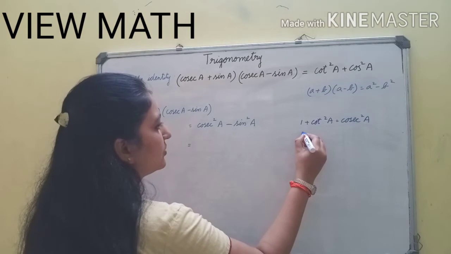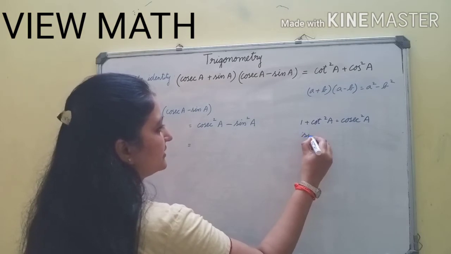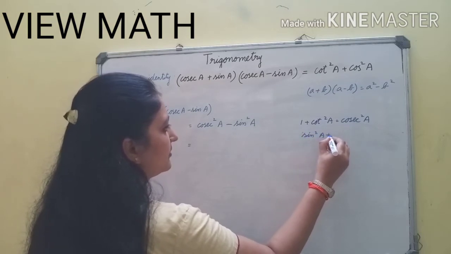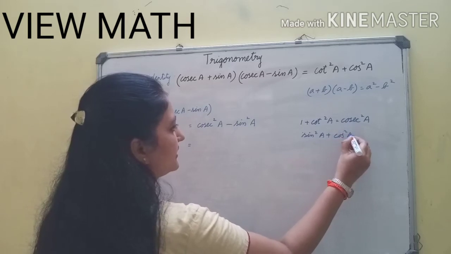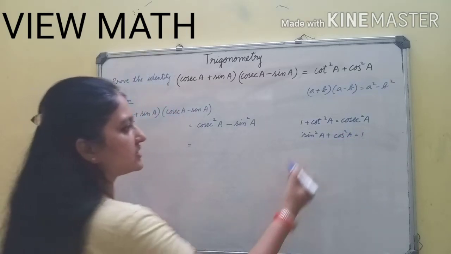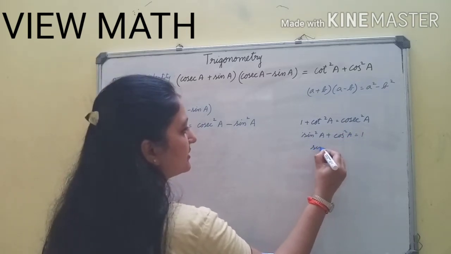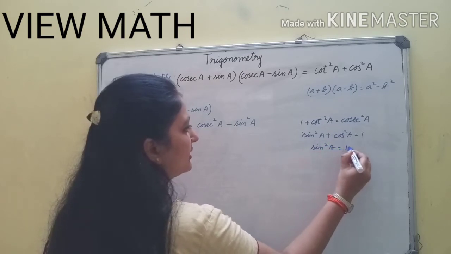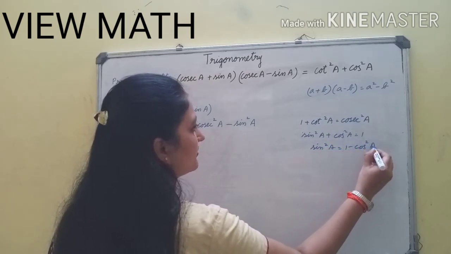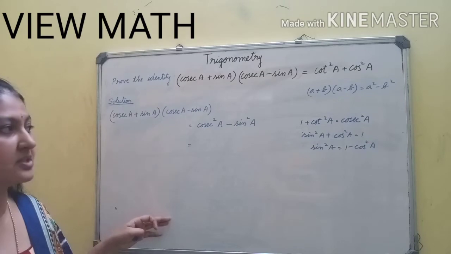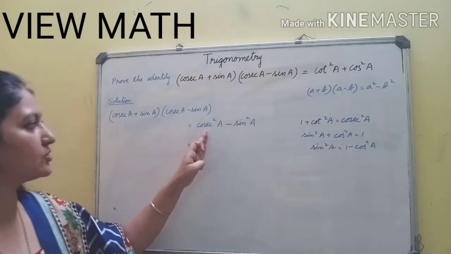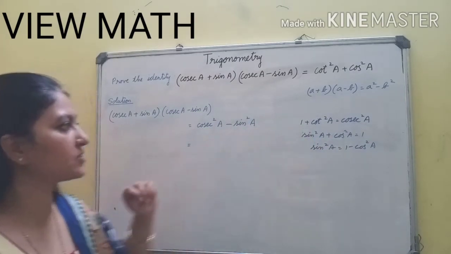Again, sin square A plus cos square A is equal to 1. So sin square A is 1 minus cos square A. So you know these formulas, and I'm going to use them here. Cosecant square A is 1 plus cot square A.